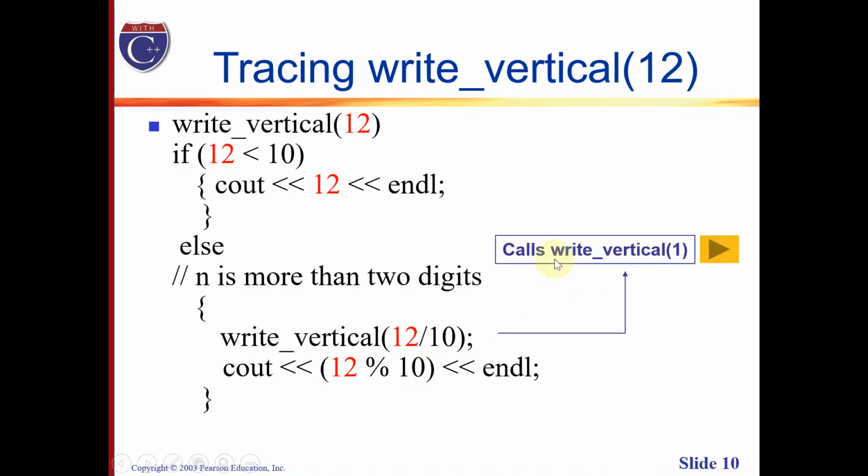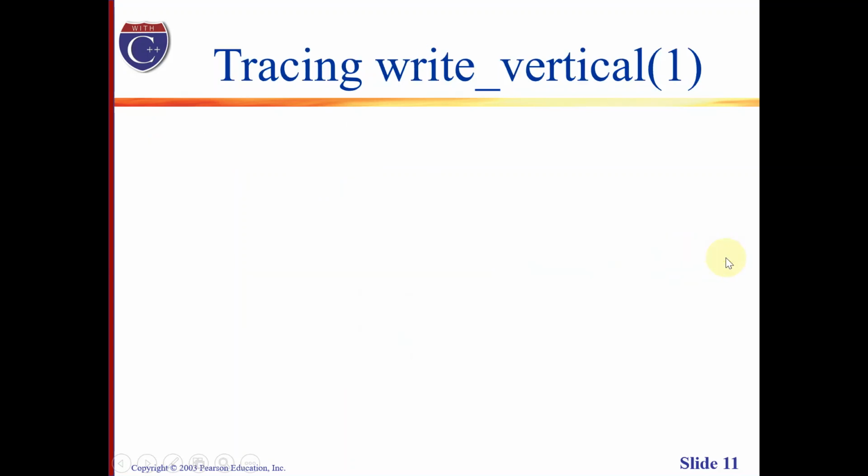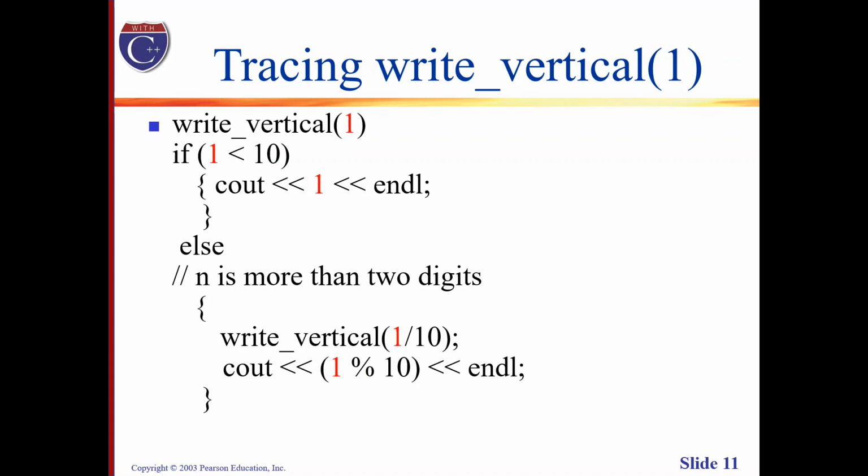Continuing, we are now left with 1, since 12 over 10 will give us a result of 1. Now we have the final scenario. As we can see here, our last recursive call will now give us an input of 1, which would make the first statement true.